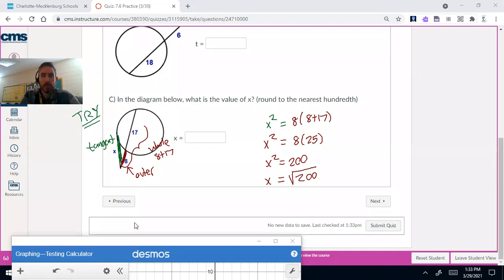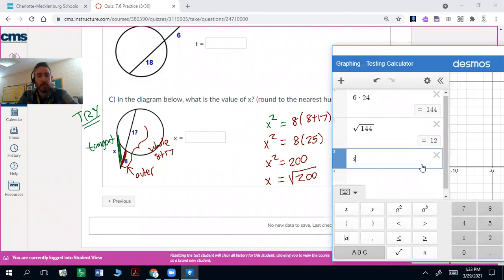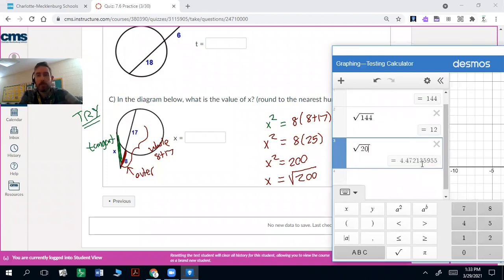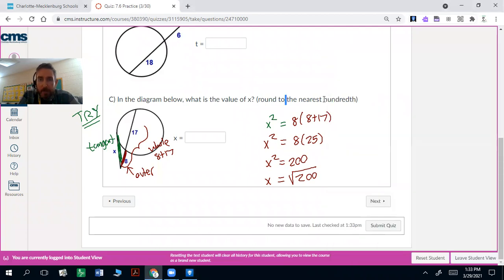Let's see what the square root of 200 ends up being. 14.142135. It says round to the nearest hundredth. That's 2 decimal places. So it's going to be 14.14. And there you have it, folks. That's how you do that problem.